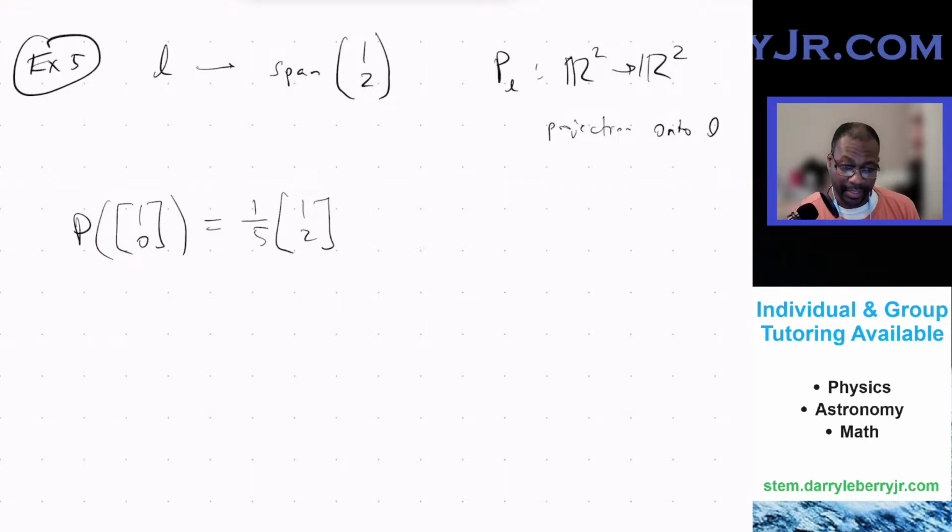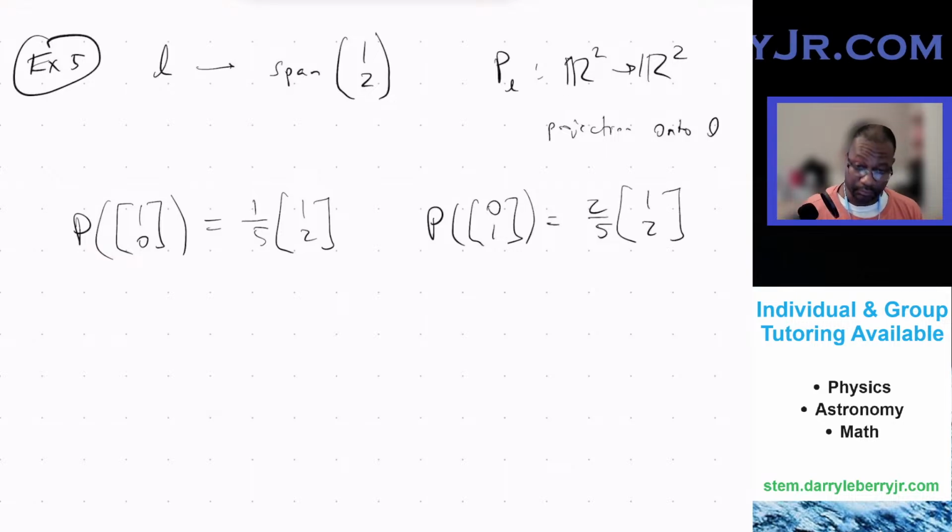Right? So the projection of (1,0) is 1/5 (1, 2) and the projection of (0,1) equals 2/5 (1, 2).